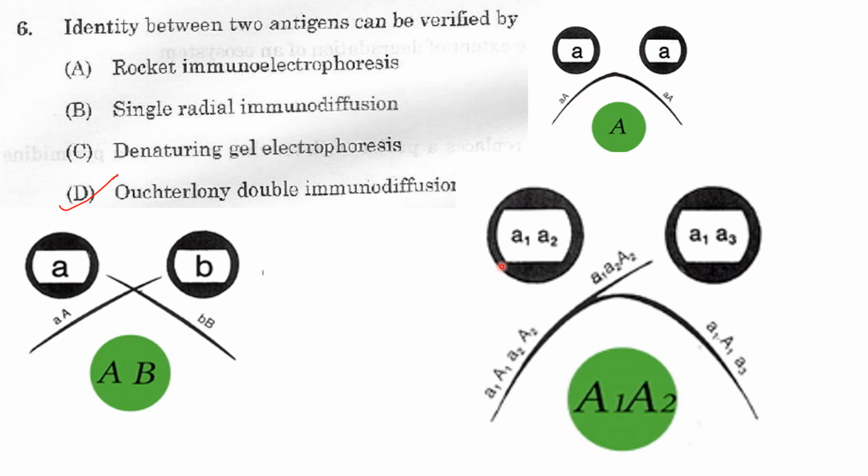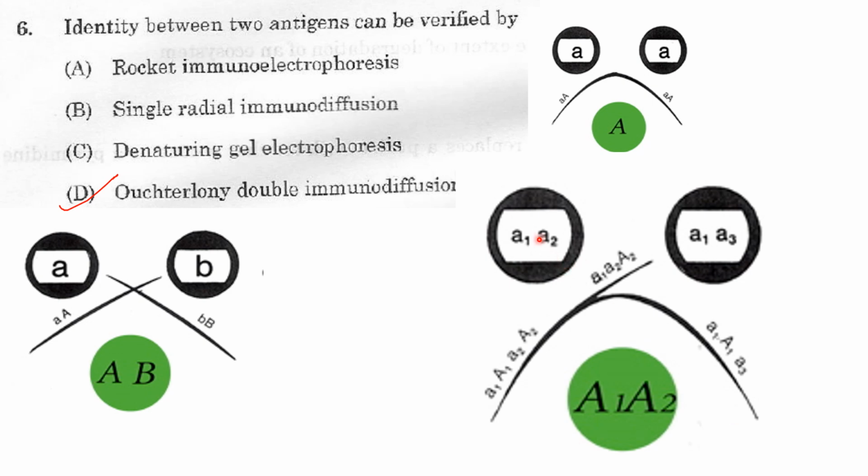But if the epitopes of the antigen in one well are A1, A2 and the epitopes of the antigen in the second well are A1, A3, that means A1 is common in both the antigens, and the antibody has A1, A2. The A1 will react with capital A1, and from this antigen also the A1 will react with capital A1, and you will get a pattern similar to the pattern of identity, that is this curve.